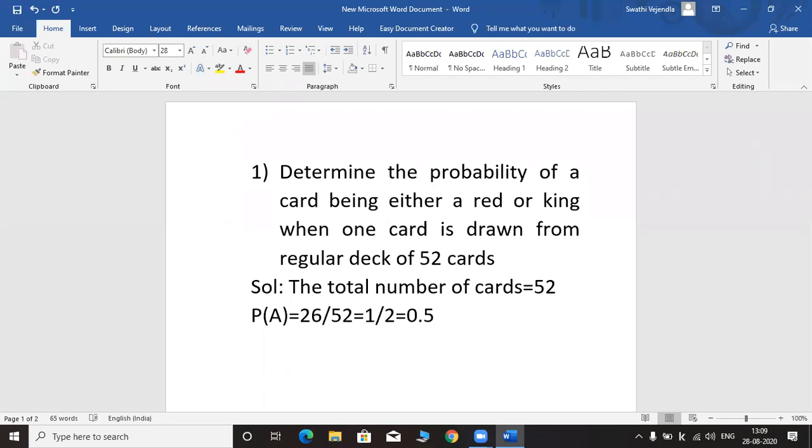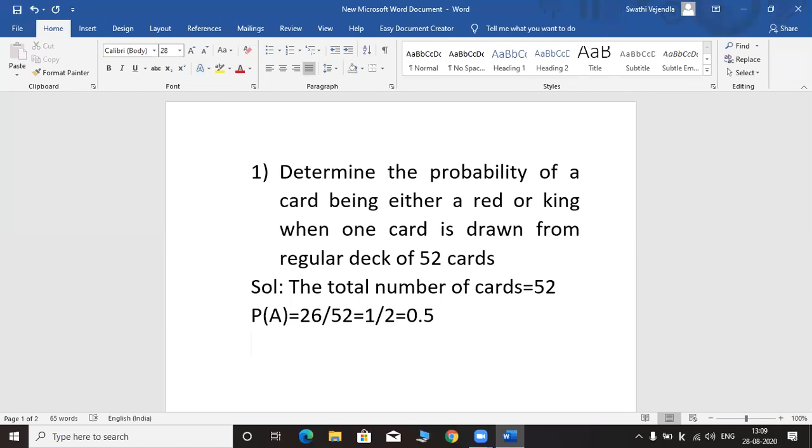Okay. Next, what is the next step? How can we solve for P of B, probability of B? What is meant by B here? Event B can be defined as drawing a king card from the regular deck of 52 cards. How many king cards do we have?